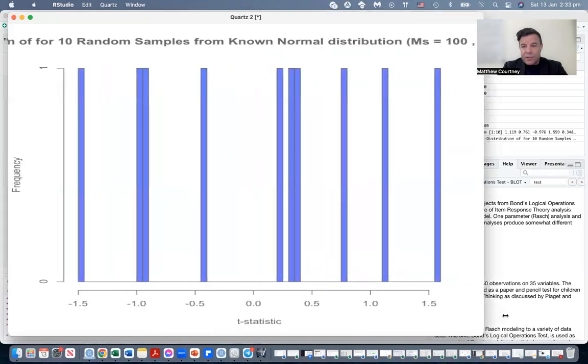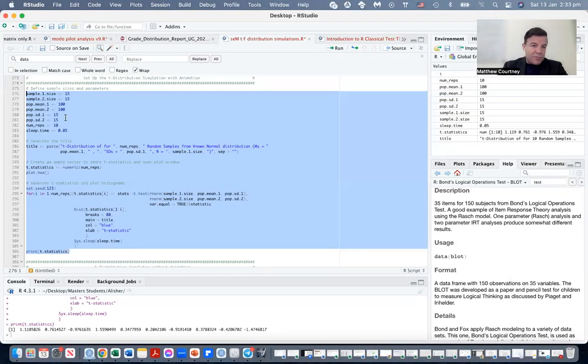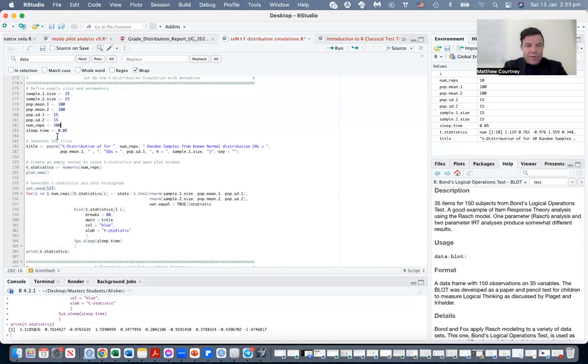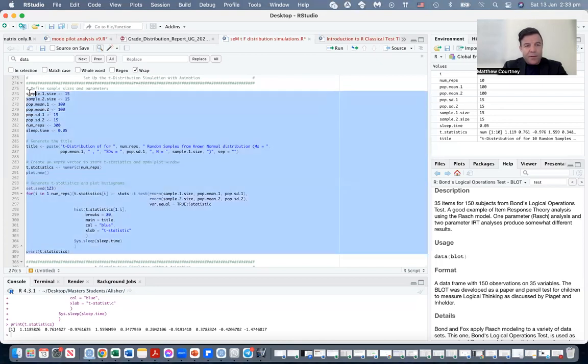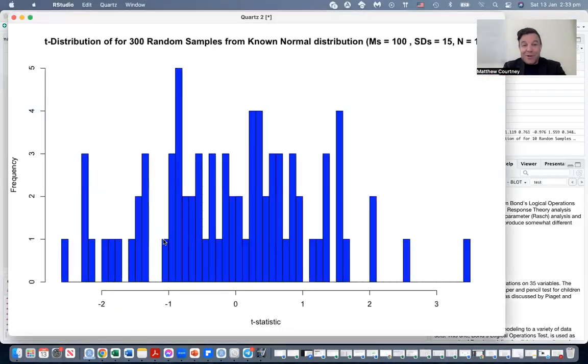You can see those results here. We have 10 statistics, 10 t-values, and they're around the 0 mark. Let's do 300 now from that known population distribution. Well, we should be looking at the distribution emerge.